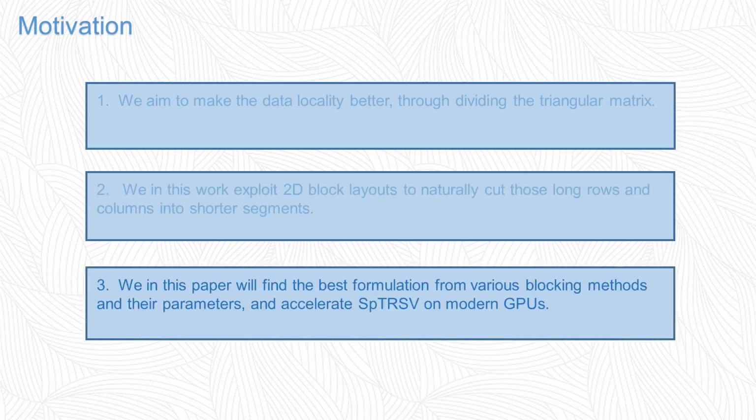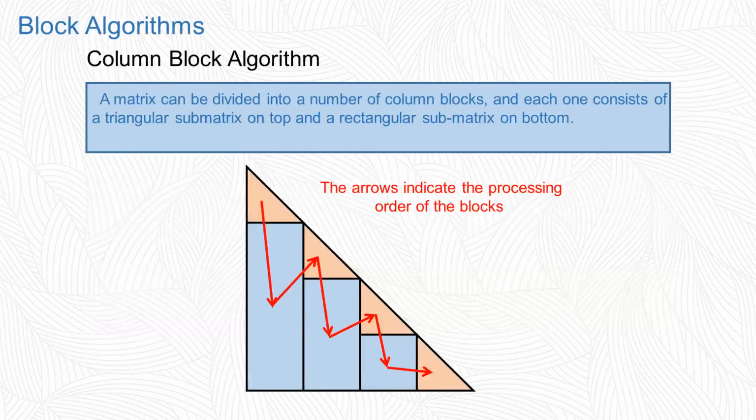In this paper we will find the best formulation from various blocking methods and their parameters, and accelerate SpTRSV on modern GPUs. We first implement 3 block algorithms in our work.